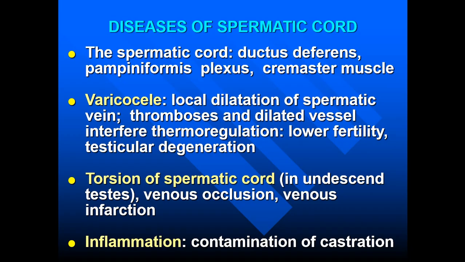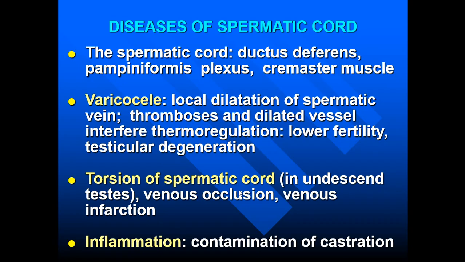The other condition is torsion of the spermatic cord. Sometimes torsion of the spermatic cord can occur in undescended testes, for example, in the case of cryptorchidism.